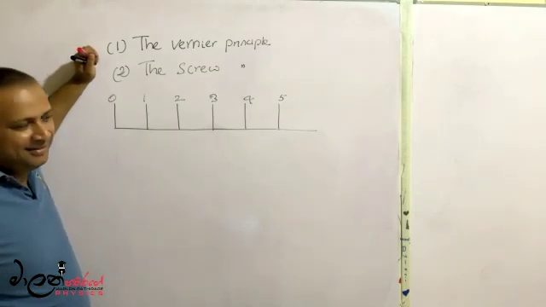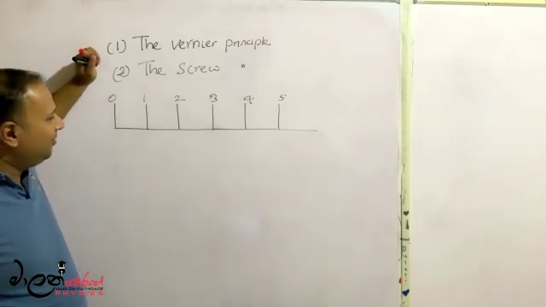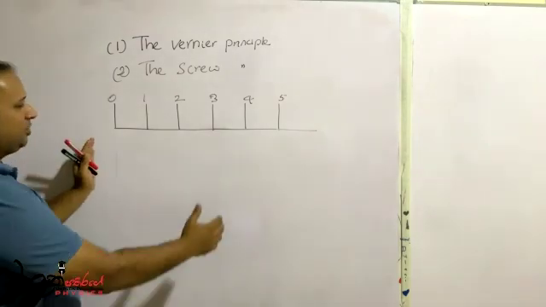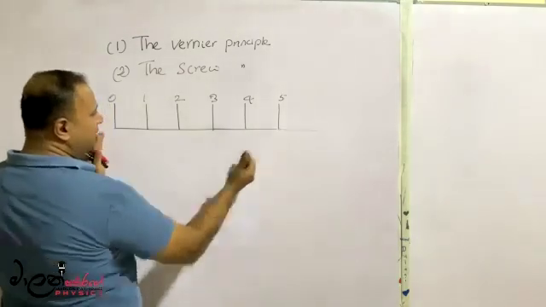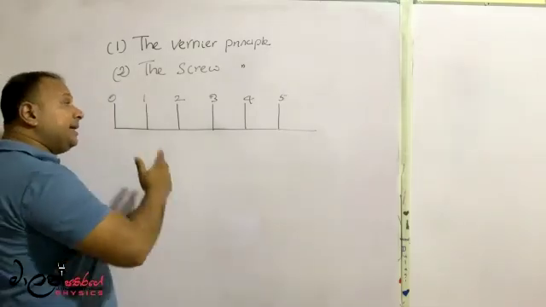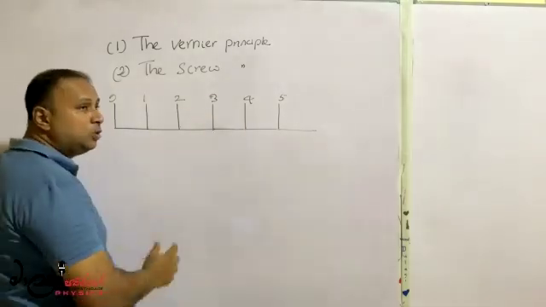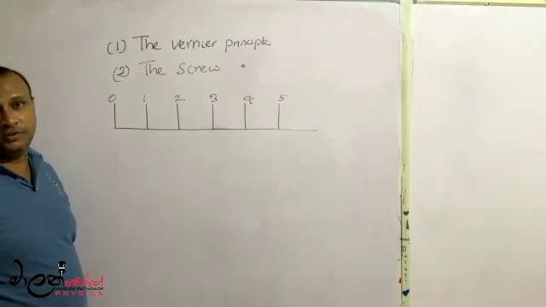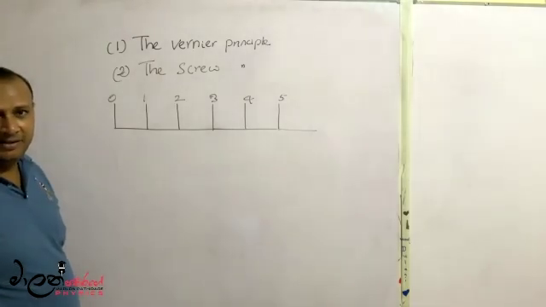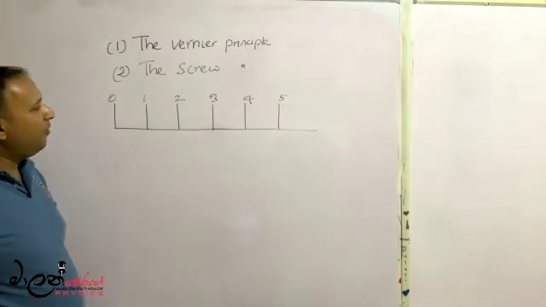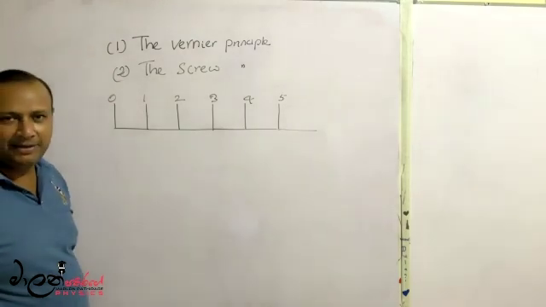He chose a certain length of the main scale and divided it into another number of divisions, which is more than the number of divisions of the main scale.